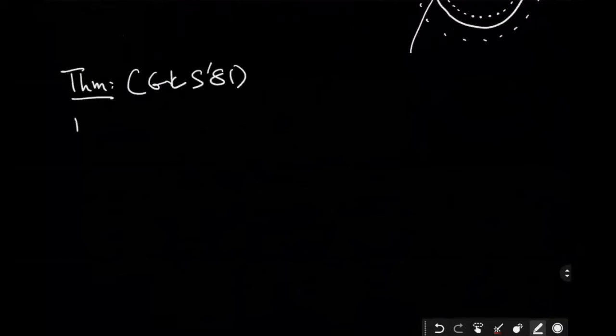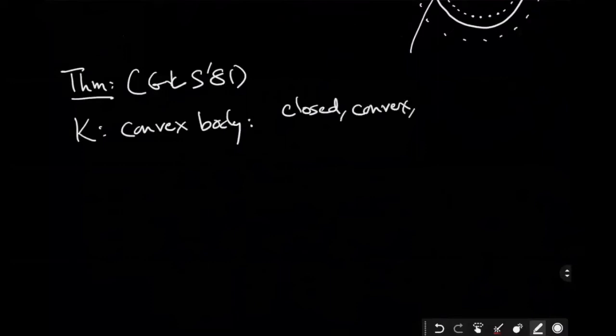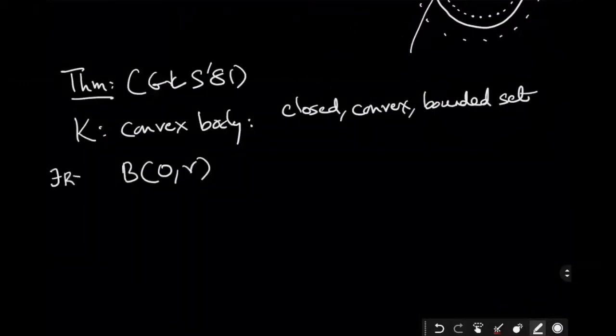They proved that, let K be any convex body. What that means is it's a closed, convex, bounded set. And let's say that there exists small r bigger than 0 such that the ball of radius small r is completely contained inside K. So it has a non-empty interior.